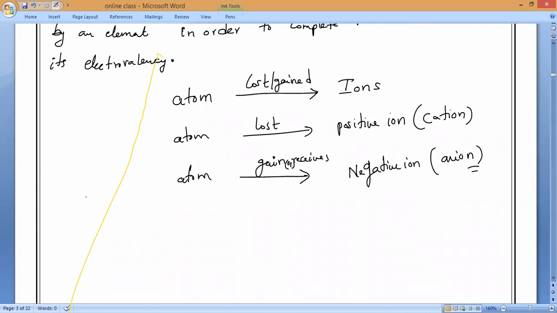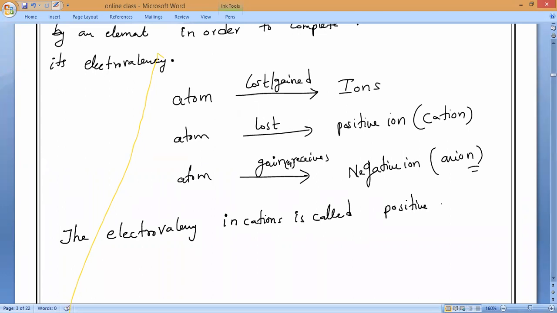The electrovalency in cations, do we call it positive or negative? Positive electrovalency. In the same way, in the case of anions, what will happen?